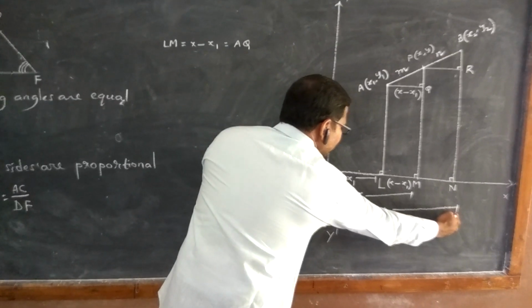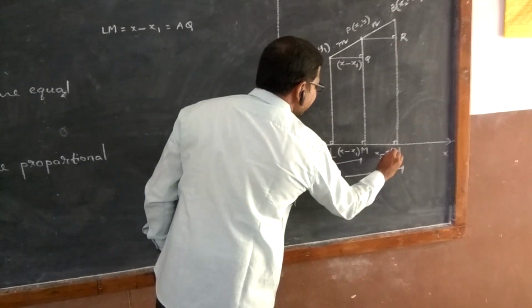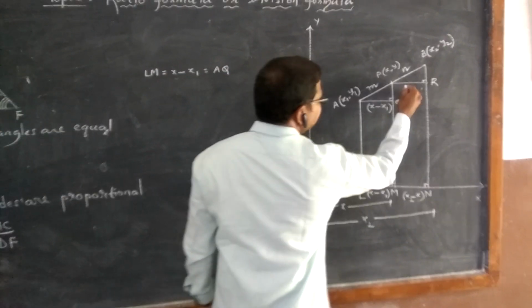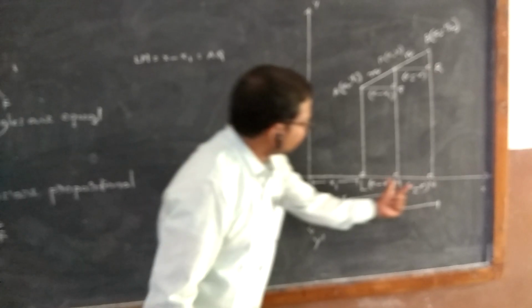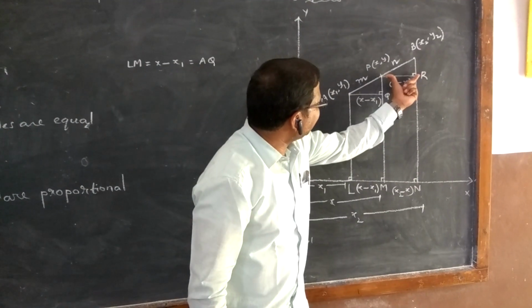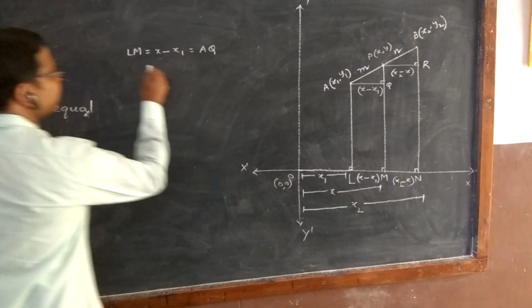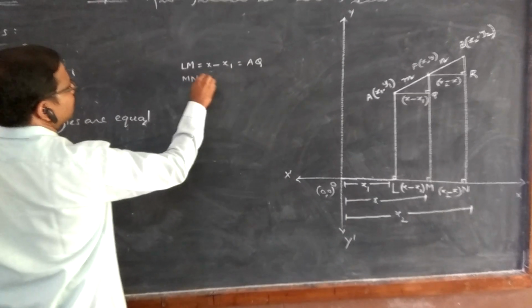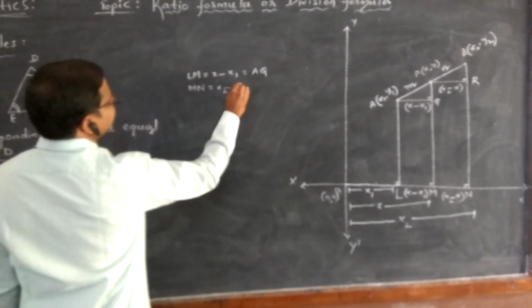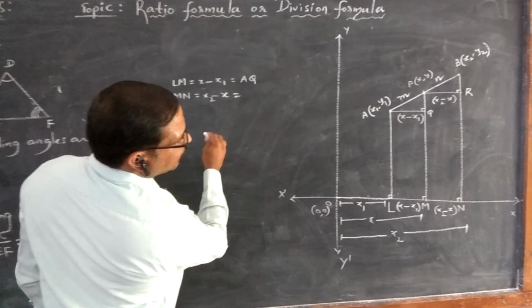Total x2, this is x, so this will be x2 minus x. Why? MN equals PR because they are opposite sides. So MN equals x2 minus x equals PR.